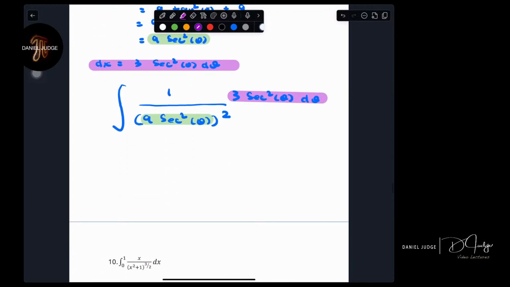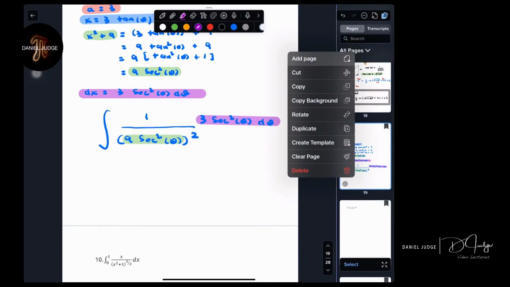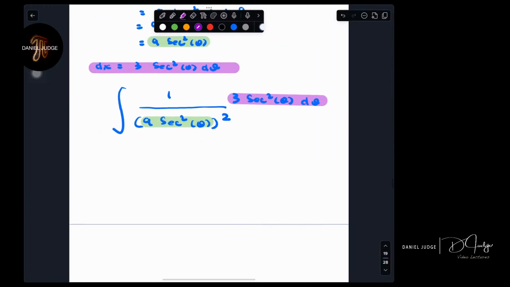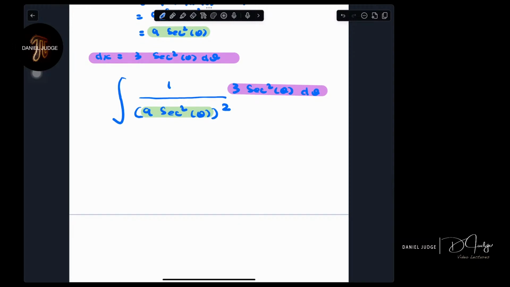Dx, okay. So we're going to do some algebra here. And notice in the denominator, 9 squared is 81, and then secant squared squared is secant to the 4th. So that we'll get 3 here, and I believe this is 27 now. And the secant squared will cancel, and this is power 2.